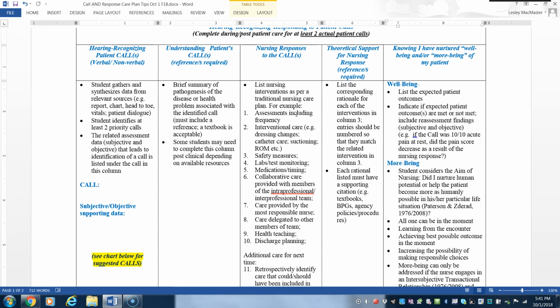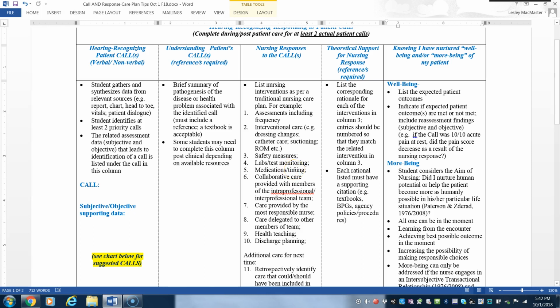And I'm sure many CPSs will be familiar with having done care plans themselves in school, and I've listed some of the traditional interventions that nurses would include in a plan of care, and this could include assessments and their frequency, any interventional care, such as dressing changes, etc., any safety measures that have been put in place, any specific labs or tests that require monitoring or that are directly related to the call, medications and specific timing if that's relevant.